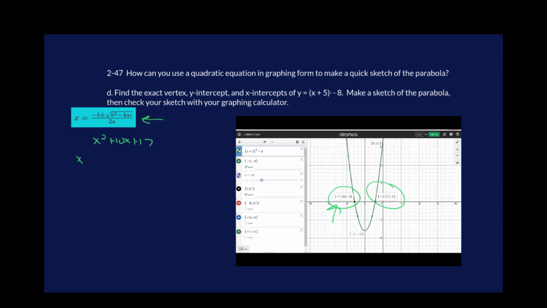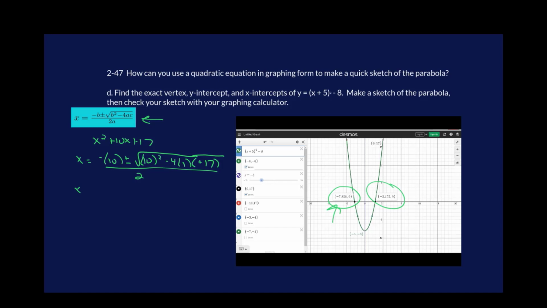So x equals -10 plus or minus the square root of 10 squared minus 4 times a, which is 1, times c, which is 17, all over 2 times a, which is 2, because a is 1.